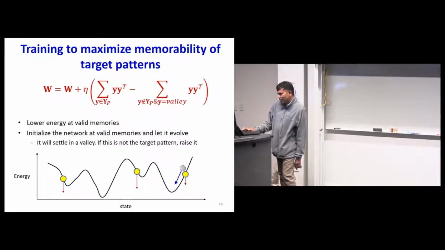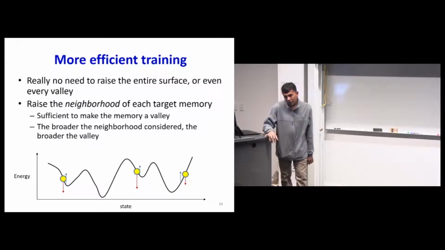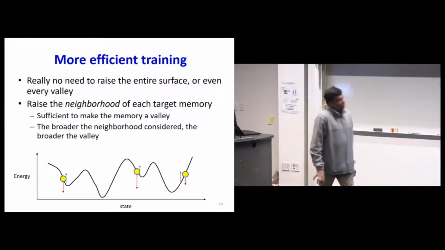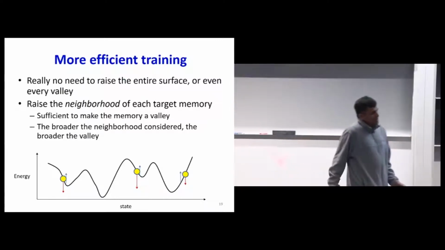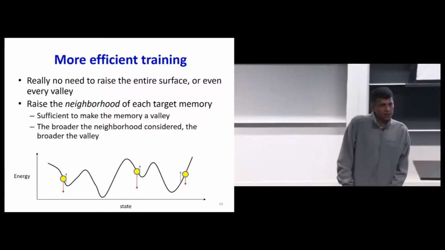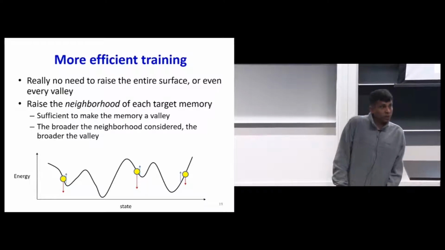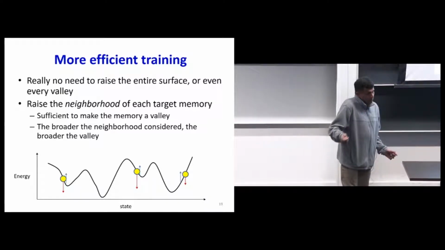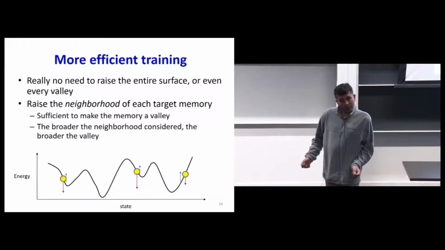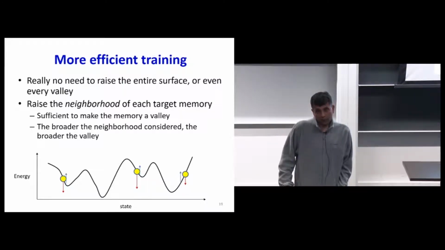Now, we also saw that instead of trying to pull up the valley itself, it's a little more conservative and possibly better to simply try to pull up the patterns in the vicinity of the stored patterns.